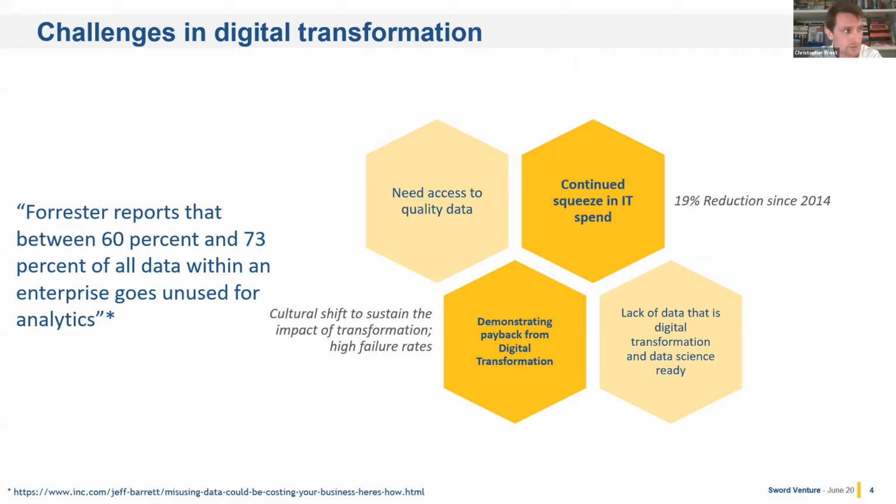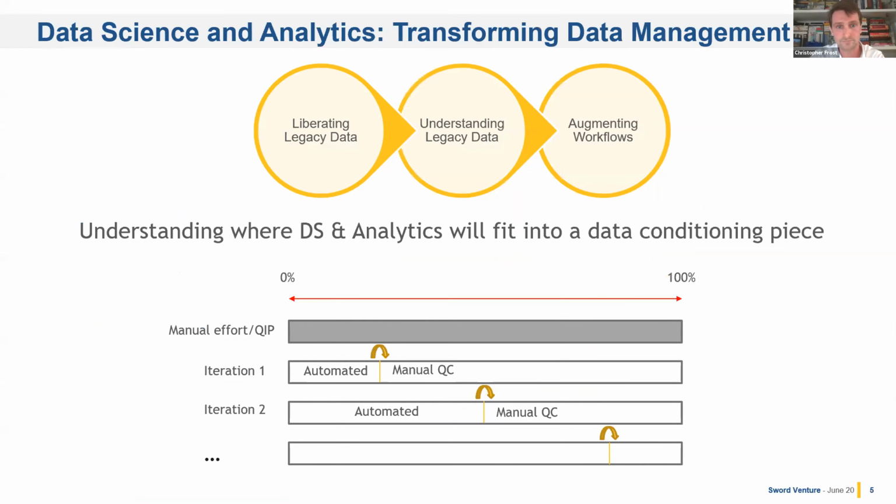So we're hoping that these technologies will allow companies to do this, not just go for the low-hanging fruit. And the lack of data that's available for digital transformation and is data science ready is quite a big gap in our industry. So we really just want to make the data available to the right people at the right time. That was the primary focus of what we were trying to achieve here.